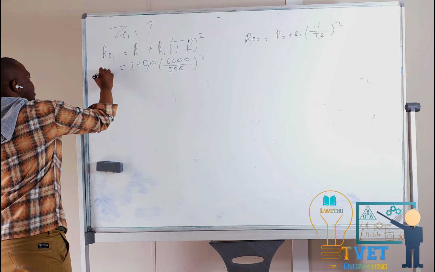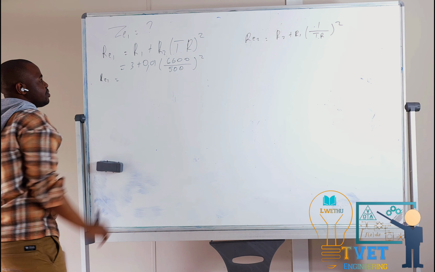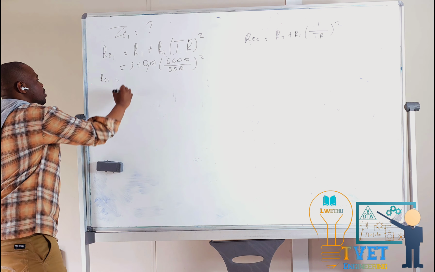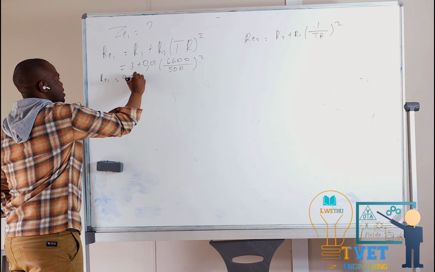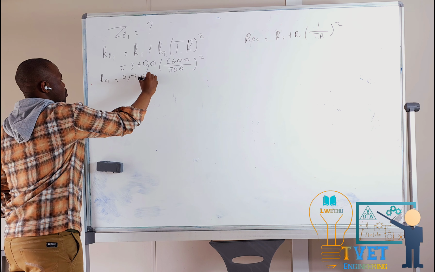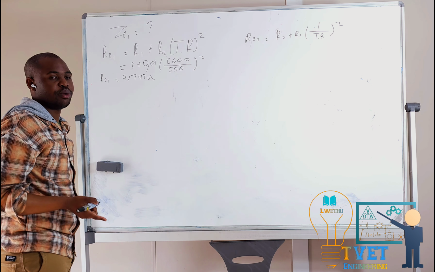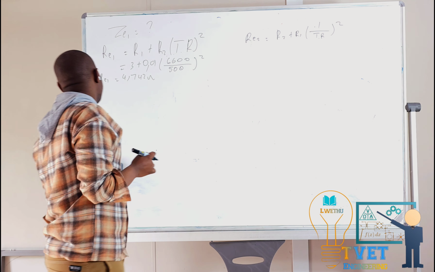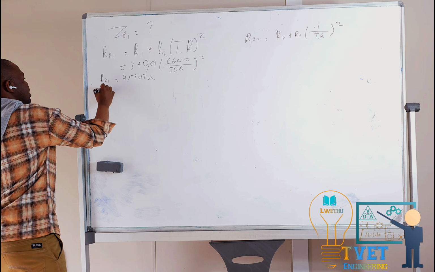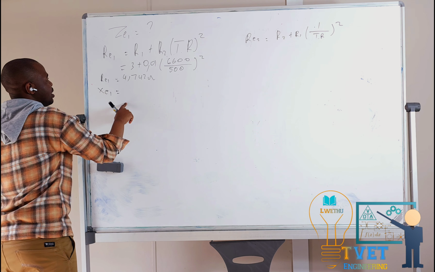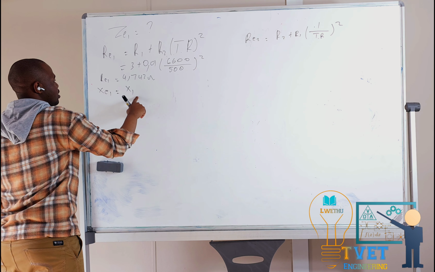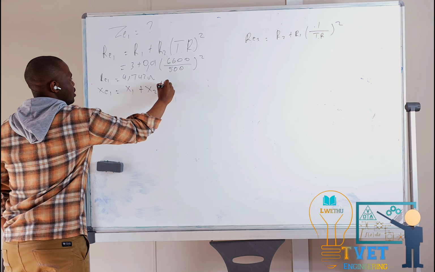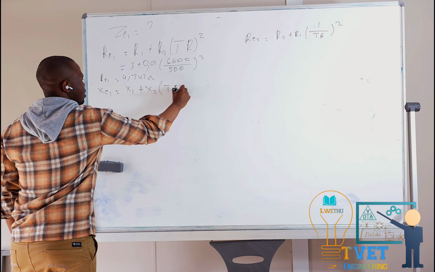What is the equivalent resistance? 4,742 ohms. That is the equivalent resistance. Now I need to find the equivalent reactance referred to the primary, with the transformer ratio squared.